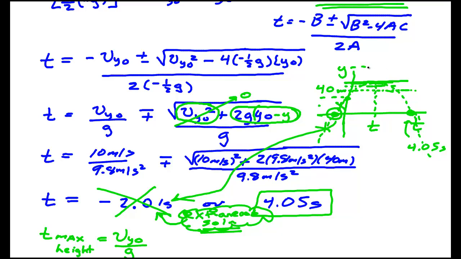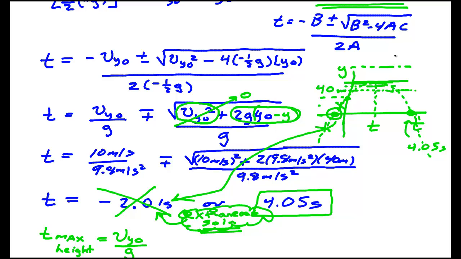What if I said, when does it get to this height? It never gets to that height. How does that show up in the physics and in the math? Well, in the physics, it just doesn't get there. In the math, what happens is this term is more negative than that term. And so you get the square root of a negative number, and you get imaginary solutions. Imaginary solutions mean in your dreams. So if this turned out to be a negative inside that square root, then you would end up not having solutions.